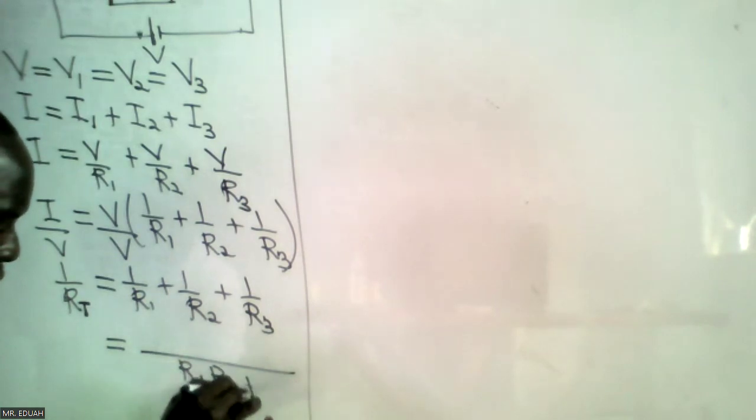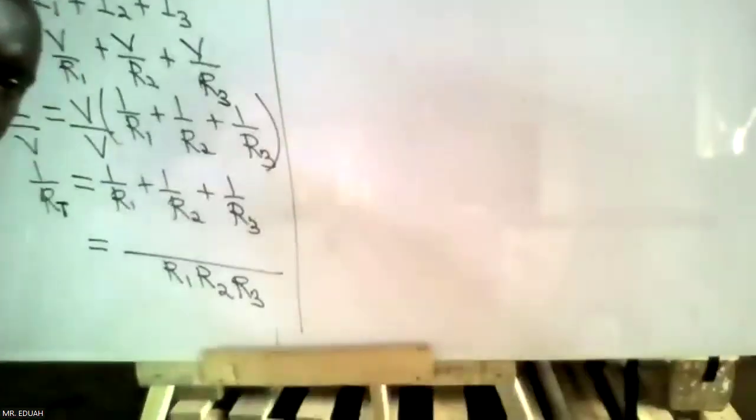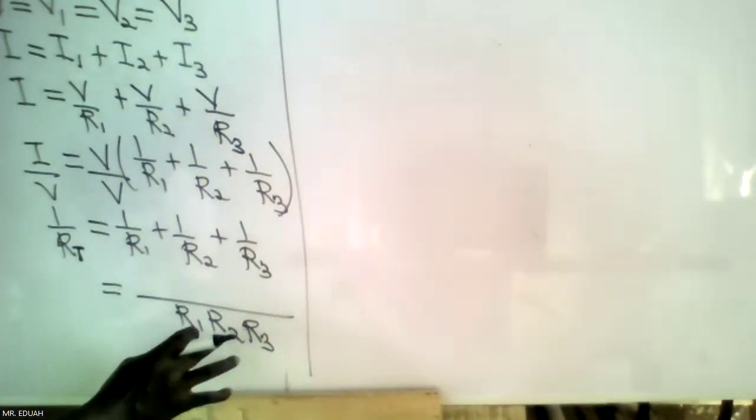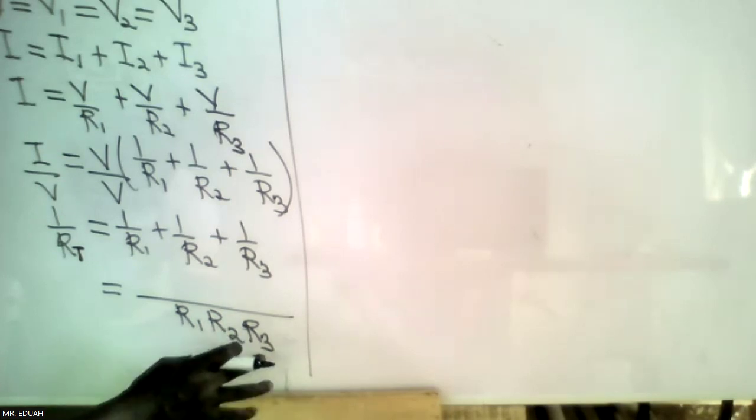If I want to simplify this, I must take the LCM. And the LCM of this will be R1, R2, R3. R1 goes into the LCM 1, remainder R2 and R3.